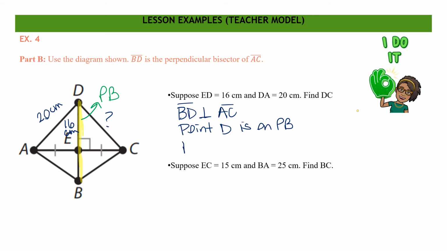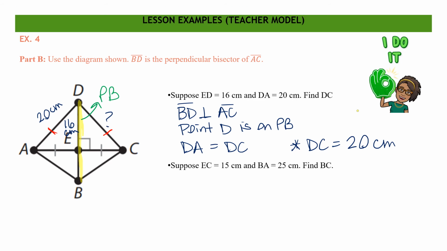Well, I know from D to A and from D to C is going to be the same. These two distances are going to be the same because we just said any point on the perpendicular bisector has the same distance from the endpoints. We just said that in part A. So because DA is equal to DC, then I can conclude that DC is also going to be 20 centimeters.